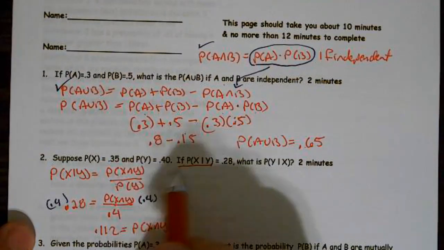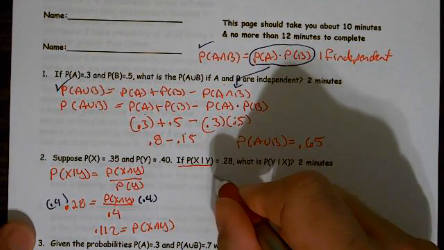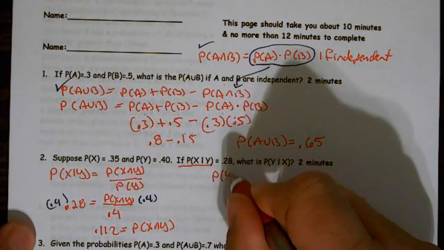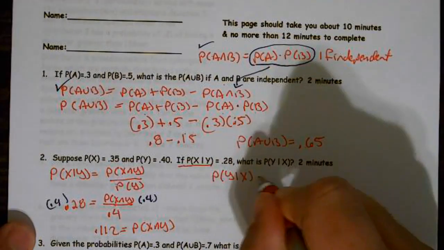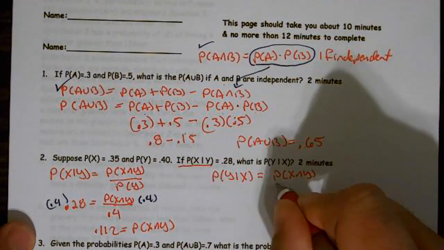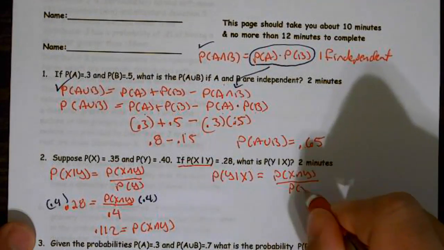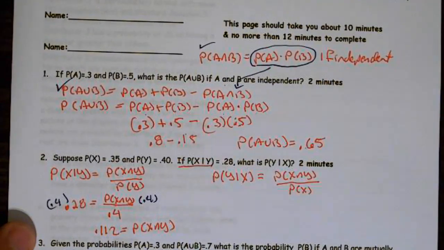All right, please don't forget that this is a given. Now they have the probability of Y given X. So the probability of Y given X equals the probability of X and Y all over the probability of X. So I can plug in, and what do I have?